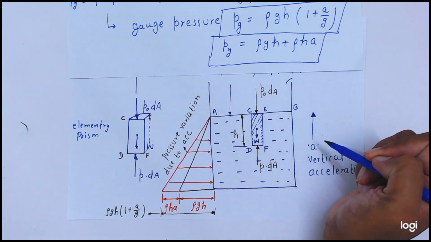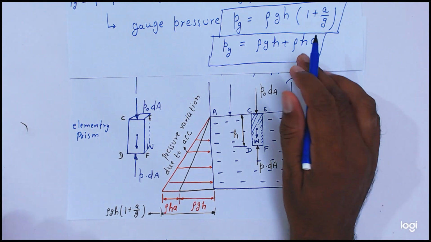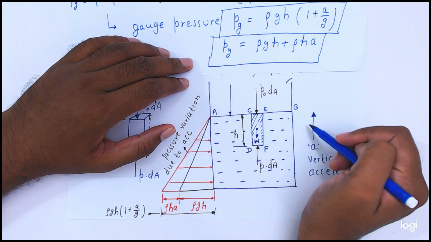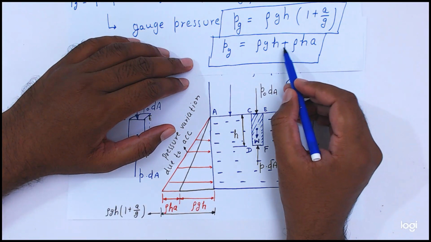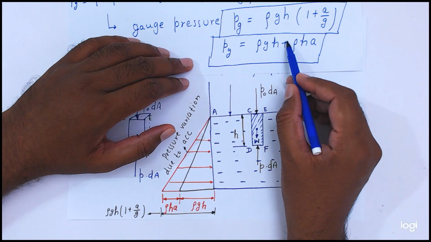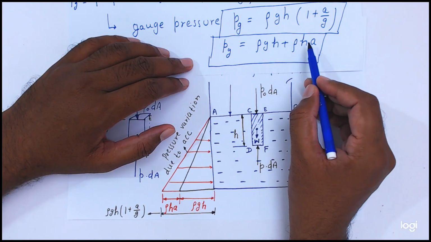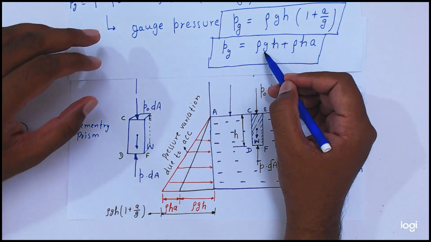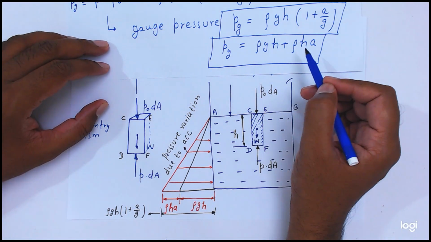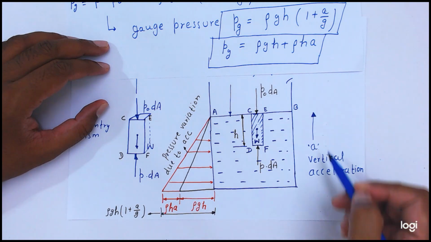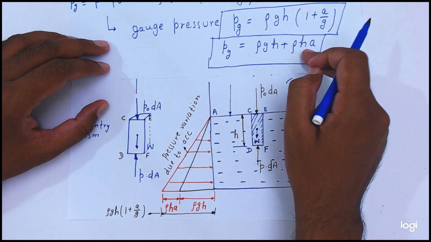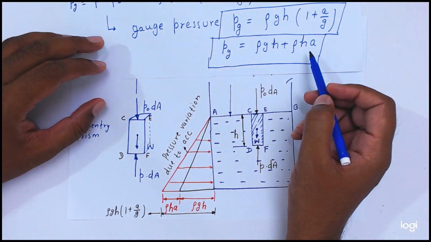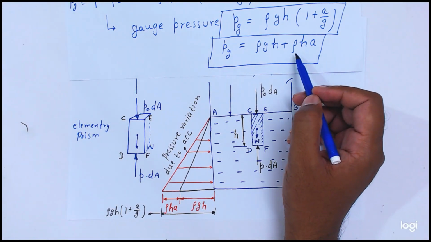When the tank is moving upward, it will be added. Rho gh is the static pressure, but because of the movement in the upward direction, this extra pressure rho ha is working. That's why this pressure and this pressure will add.